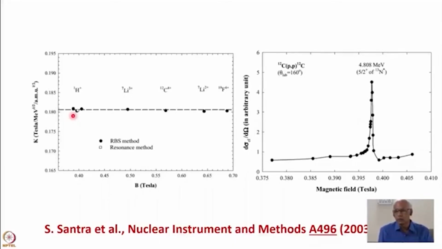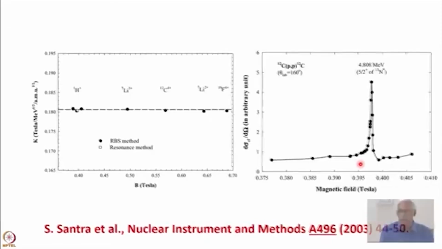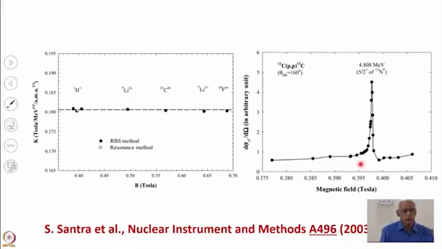This experiment was done with the elastic scattering of protons from carbon 12, which is shown here. At that B value, which corresponds to a certain energy, this was the resonance we saw. It was fitted, and then the energy was obtained. We found that the K value obtained from these two methods is consistent. They agree very well.